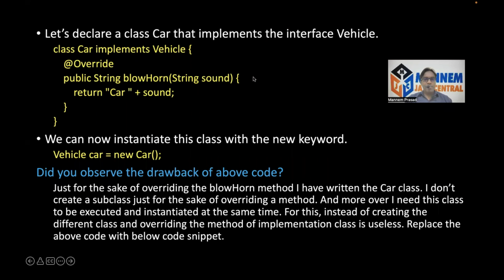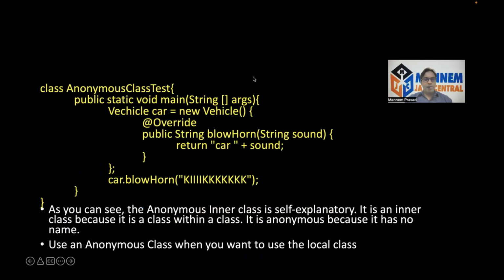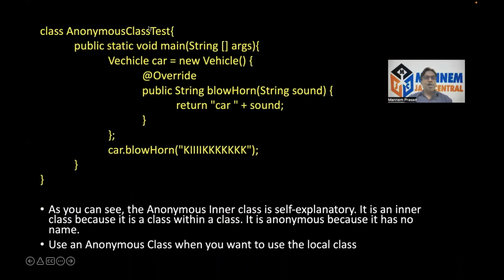Just see here. Instead of writing the separate implementation class, in the main method itself I have written the anonymous inner class, meaning a nameless class. So see, Vehicle car is equal to new Vehicle. Under this, I have overridden the blow horn method to provide my own implementation and called that method by using the anonymous inner class reference.